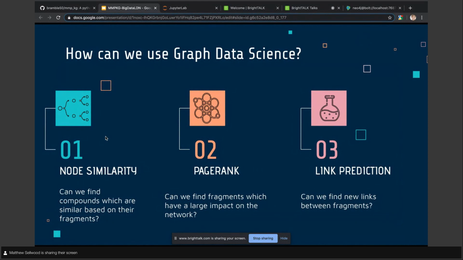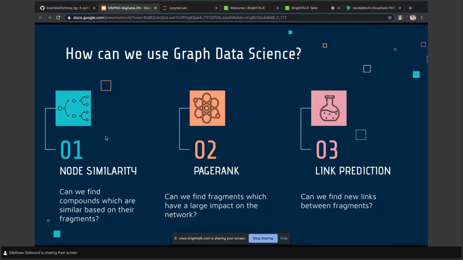So how can we use graph data science for this? Alicia talked through the graph data science library and how it can help us. And so I'm going to pick up 3 core use cases here. The first one Alicia mentioned, node similarity.